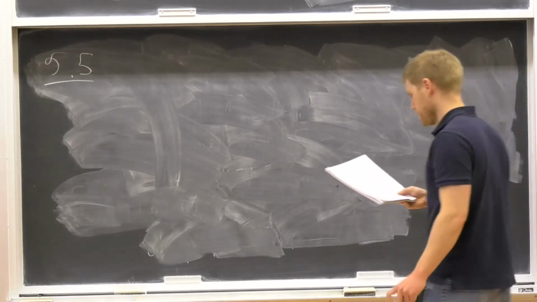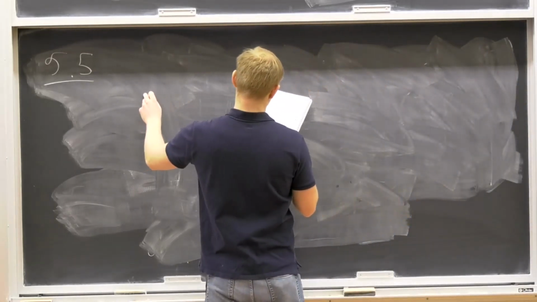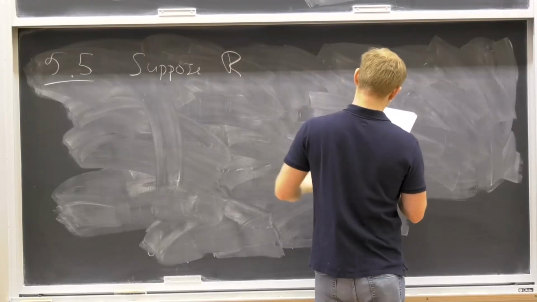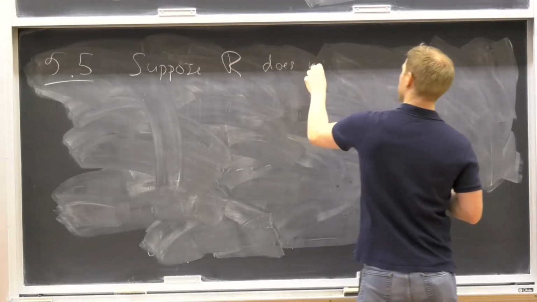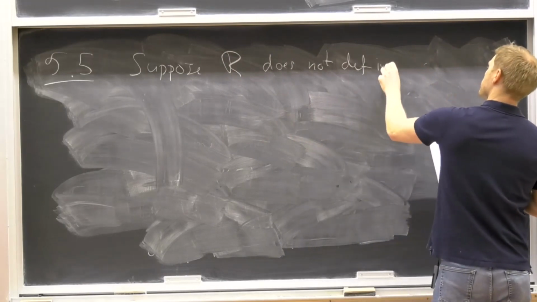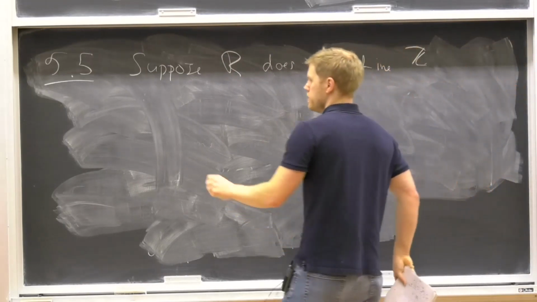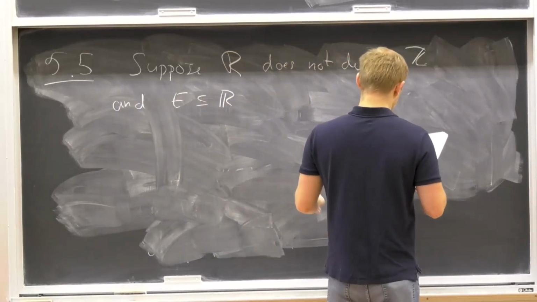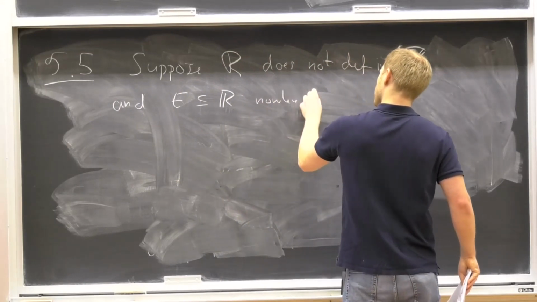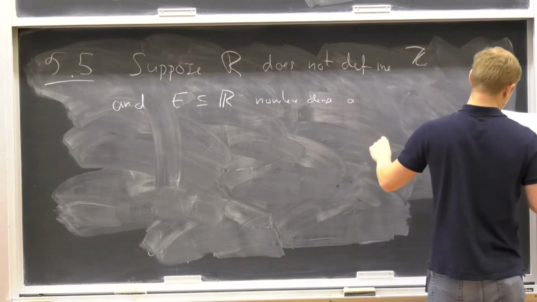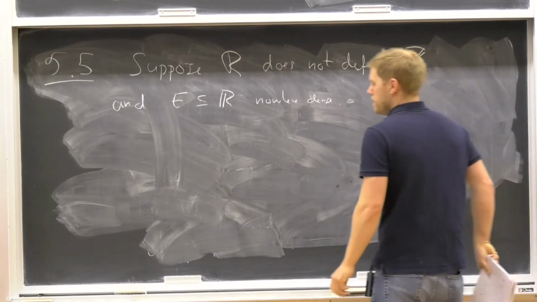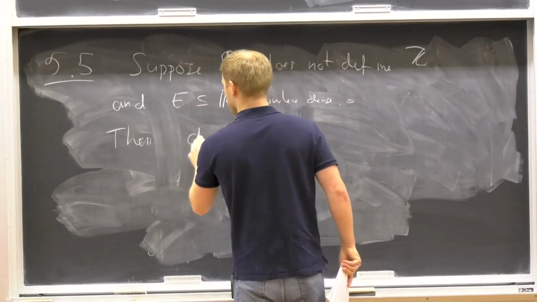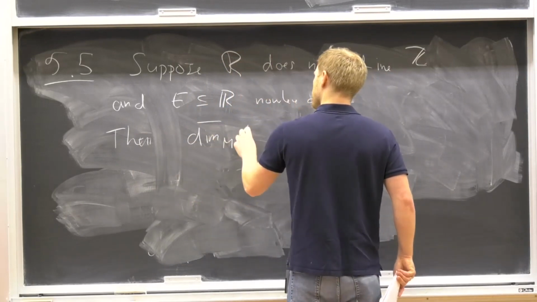Okay, so as a corollary, what this really gives us by the same argument as before: suppose you have this expansion that does not define Z, and we have that E, a subset of R^n, is nowhere dense. Then the upper Minkowski dimension of E is 0.